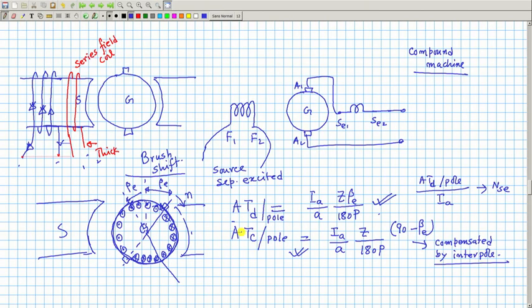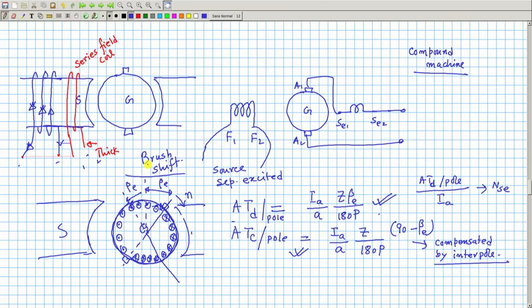And if you want to be completely free of any effect of magnetizing current, then you say okay, I will use the interpole as well as the compensating winding. Then a little portion should be compensated by the compensating coil, and the remaining portion, if any, should be compensated by the interpoles.